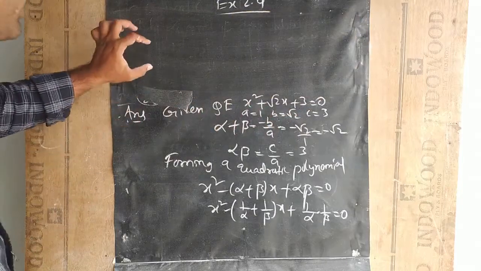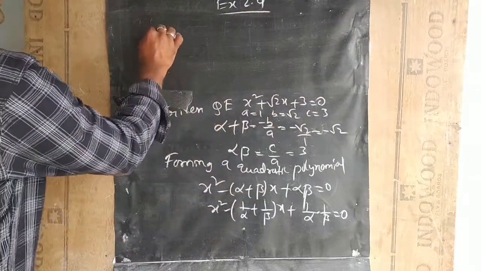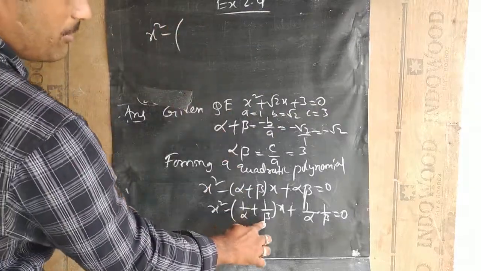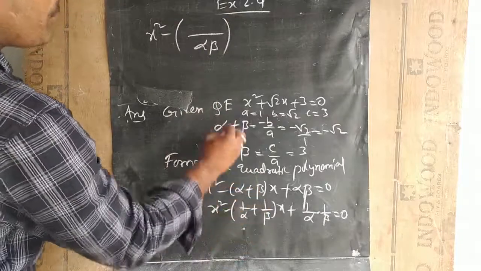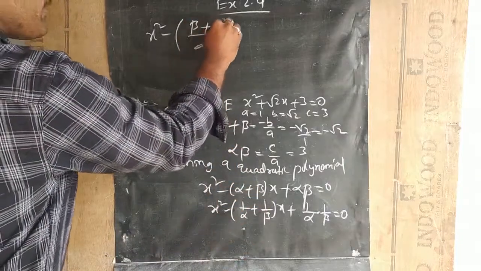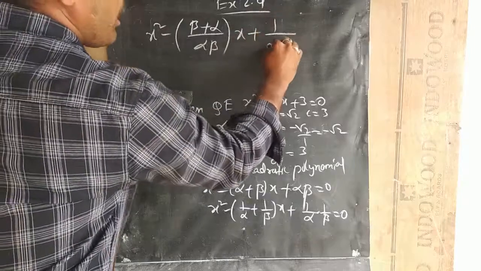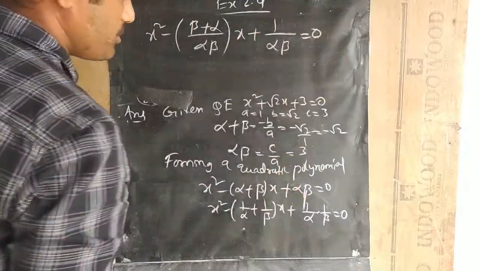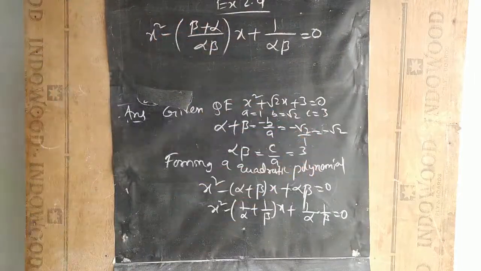Why? Because he is saying that he doesn't want alpha beta, he wants 1 by alpha and 1 by beta. So x square minus, LCM of alpha and beta is alpha beta, cross multiplication if we do, it will become beta plus alpha into x plus 1 by alpha into beta is equal to 0. I got alpha plus beta. Alpha plus beta answer is how much? Minus root 2.